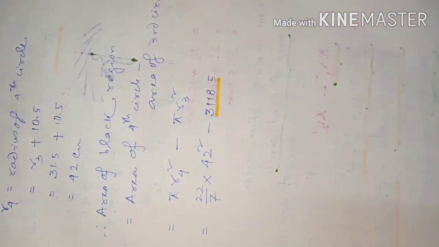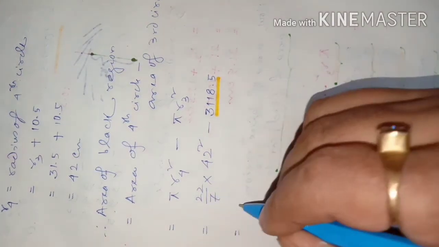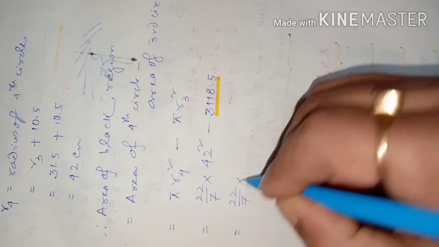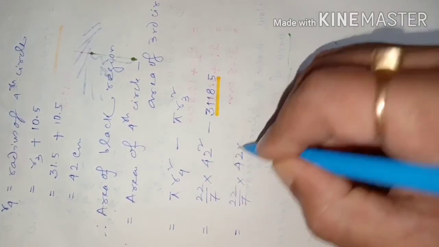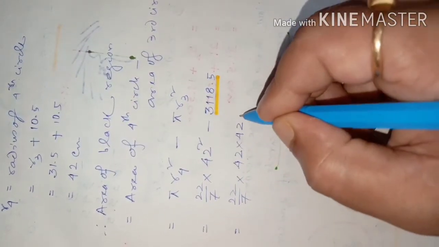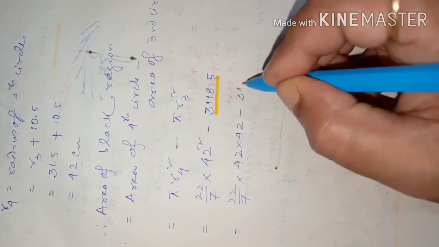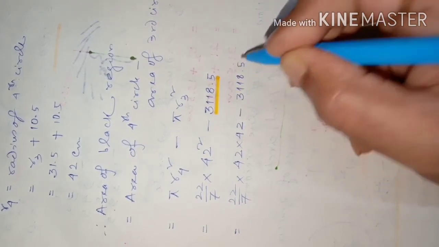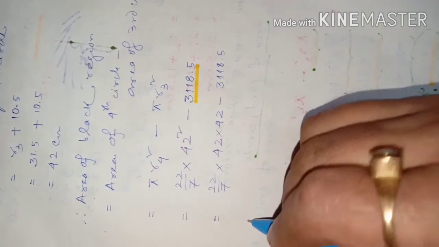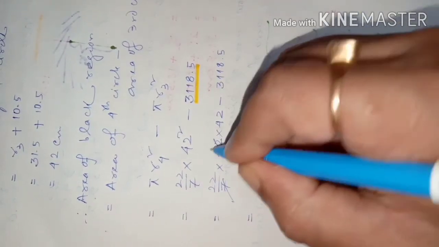Okay. So now we write this part, 22 by 7 into 42 2 times, 42 into 42 minus 3118.5. So by 7 you can cancel this number, 6.